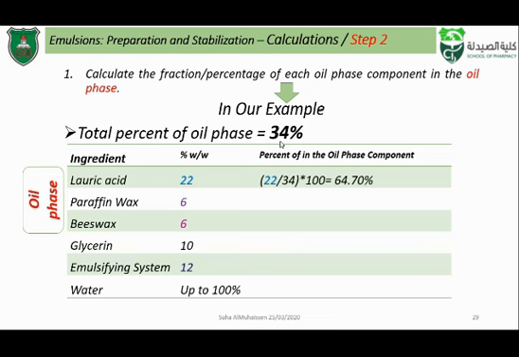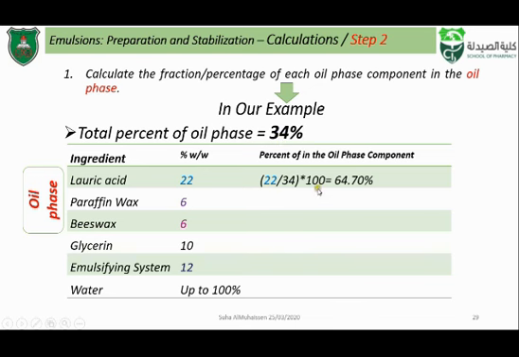Now, we need to calculate the fraction or the percent, as I did here, of each of these components in the oil phase. It's calculated as its percent in the emulsion divided by the sum of oil phase component percent. In our example again, it is 34%.